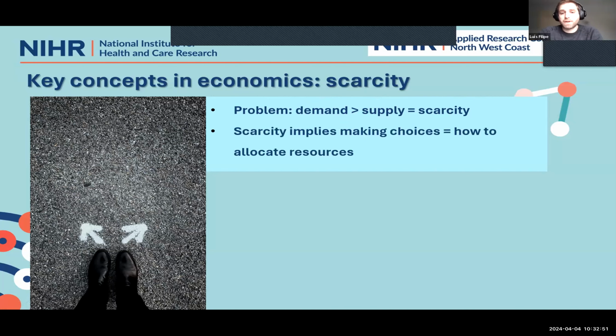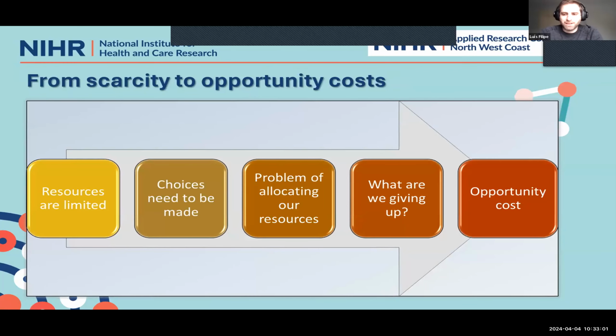And again, scarcity implies making choices, so how to allocate resources. This is going to lead us to what I call the god of concepts in health economics, which is the opportunity cost. So let's summarize this. Resources are limited.